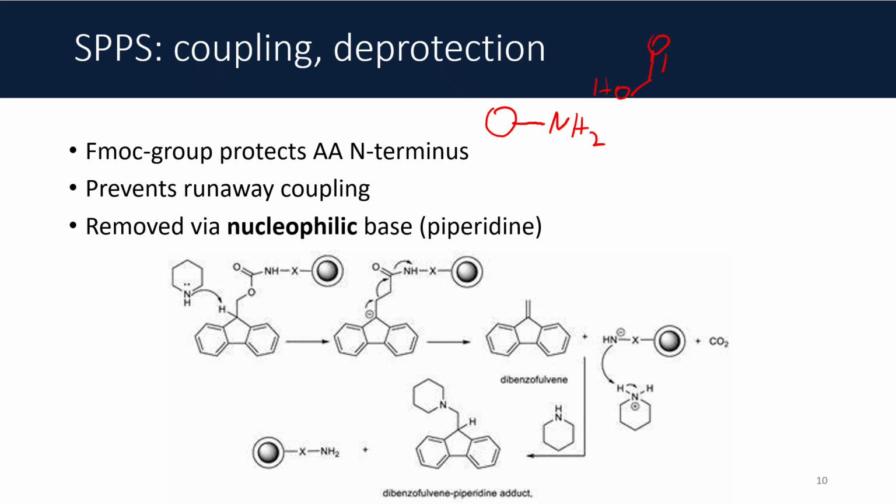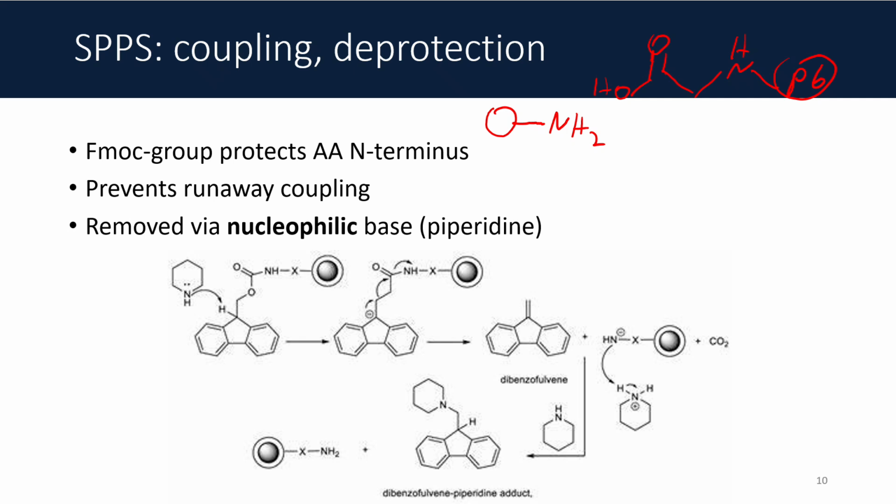I'm drawing glycine here, let's say. That's the first amino acid in our sequence. But if you notice, I put a protecting group, PG, on our amino acid. Why did we do that?